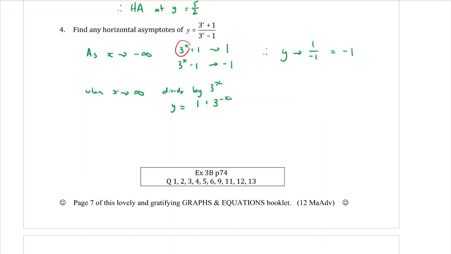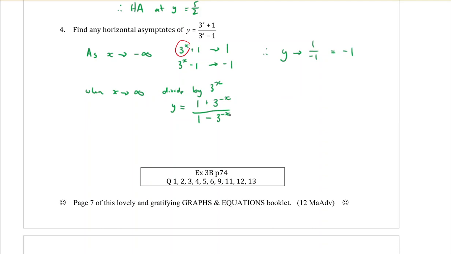On the bottom, 3 to the power of x divided by 3 to the power of x is 1, and minus 1 divided by 3 to the power of x would be 3 to the negative x. Okay, now that I have negative powers in there, I can sub in as x is approaching infinity.